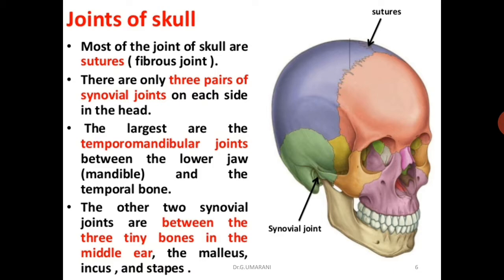Through this joint the mouth can open, so activities like eating, laughing, and opening and closing of the mouth take place. The other 2 synovial joints are between the 3 bones, that is malleus, incus and stapes. Stapes is the smallest bone in the body.